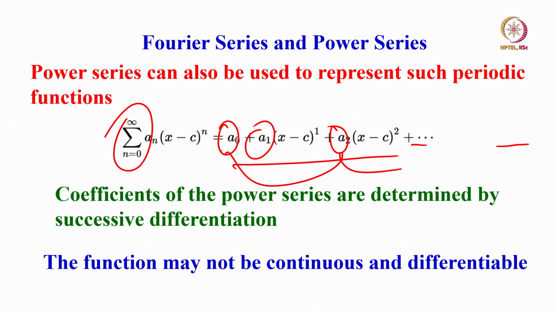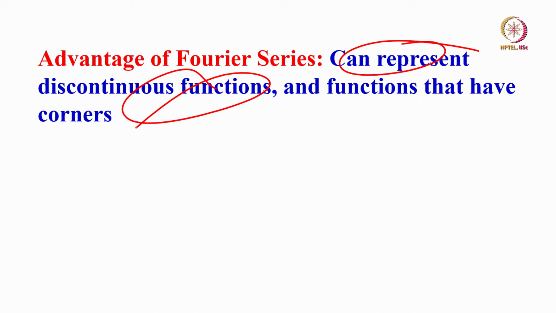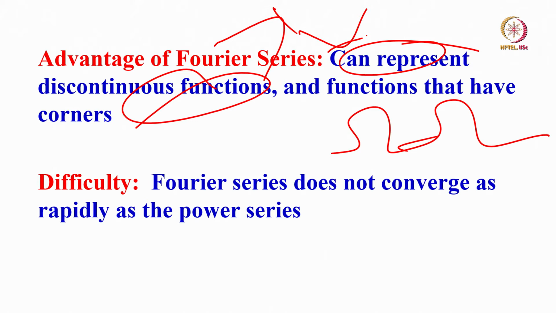That is why Fourier series is a very useful thing which we can always use. And there is an advantage to that. It can represent discontinuous functions also. For example, we saw several functions that come periodically. They could be discontinuous, no problem. And it can represent functions that have corners like this. So, there is an advantage for the Fourier series, but there is some difficulty.